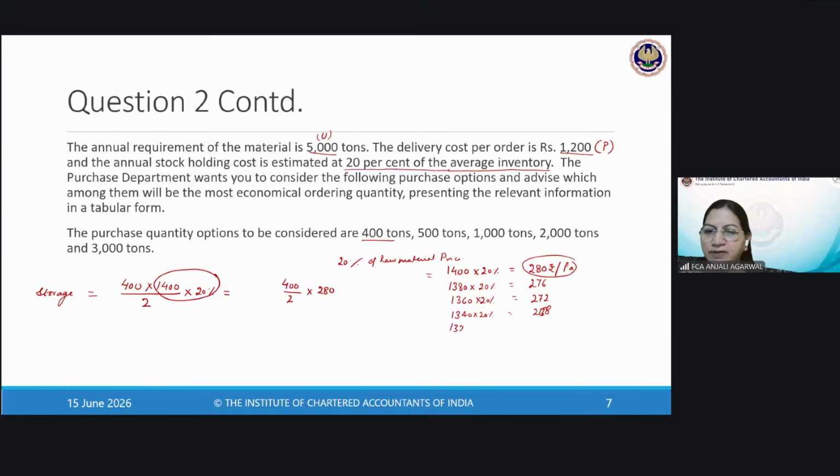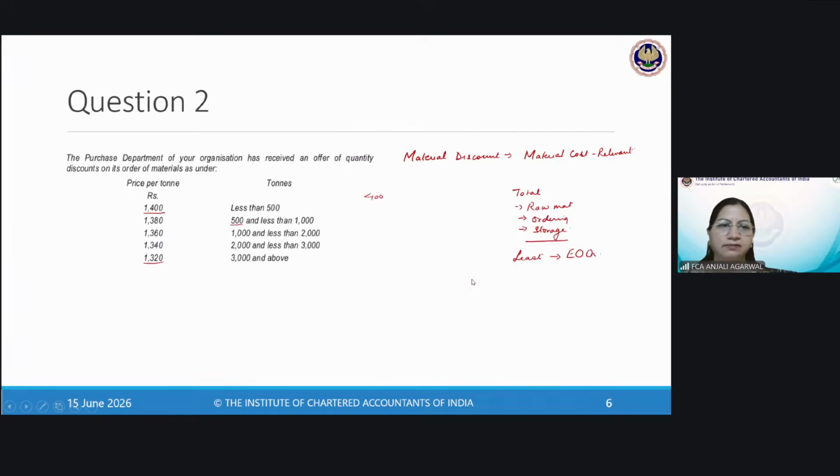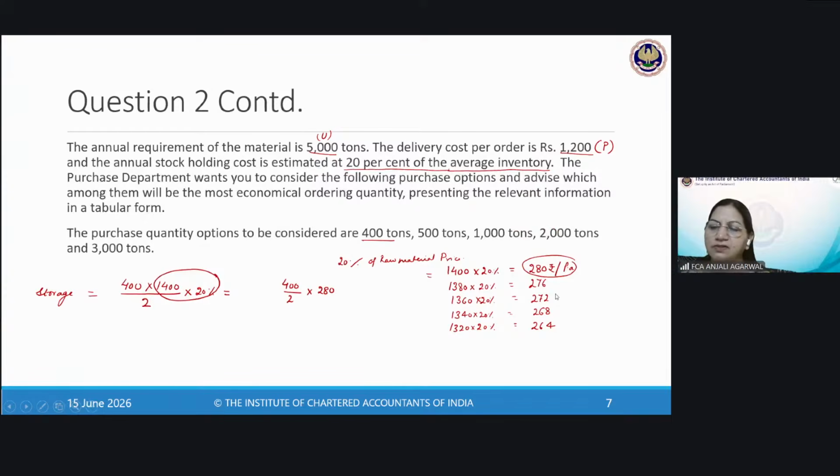And at 1,320, it will be 264. So with every 20 rupee fall in price, 20 into 20%, the storage cost will fall by 4 rupees per unit.